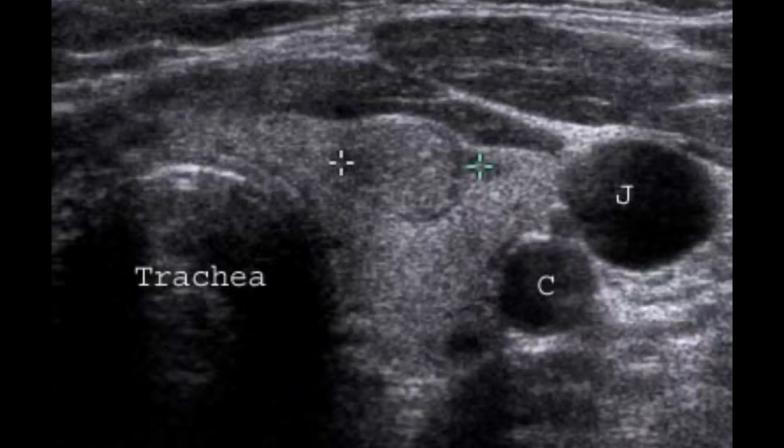So U4 classification is when the nodule appears hypoechoic comparative to the thyroid lobe echogenicity. This is the first criterion for the suspicious malignant U4 nodule.